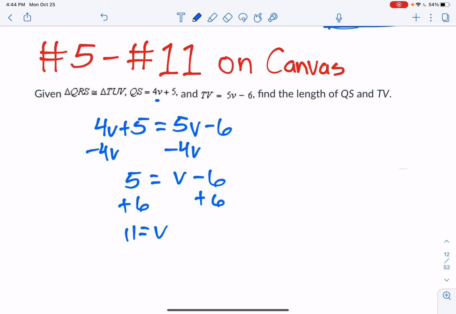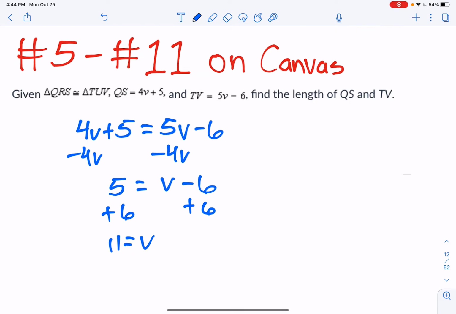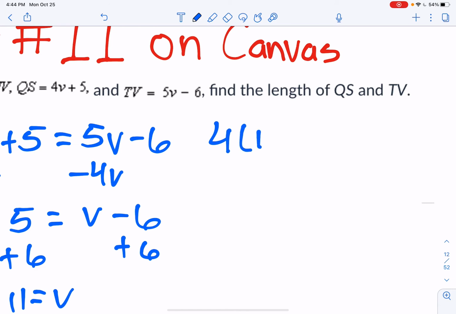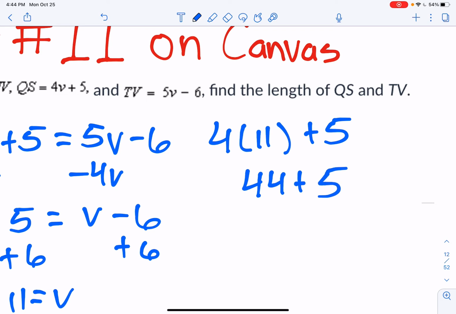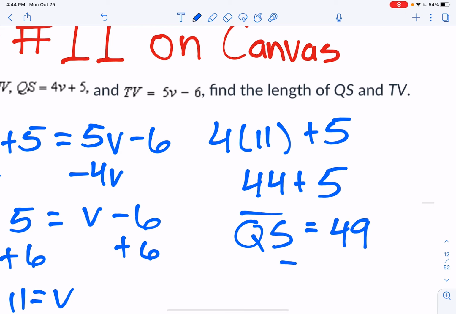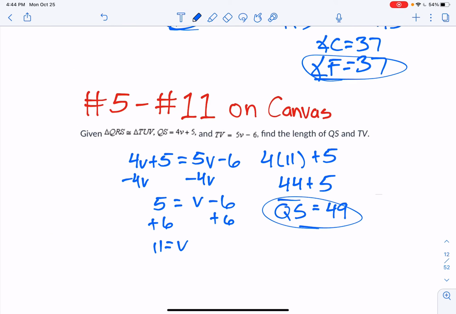If I know that v is 11, plug it in here. So I go 4 times 11 plus 5. So 44 plus 5. Therefore, side QS equals 49. And if QS equals 49, TV also equals 49 because I know they're equal. And that's how you do number 5 through 11.